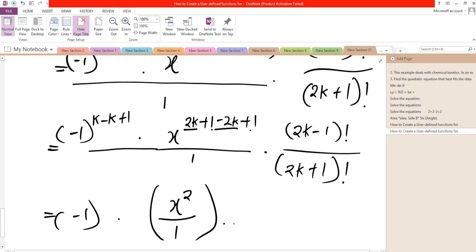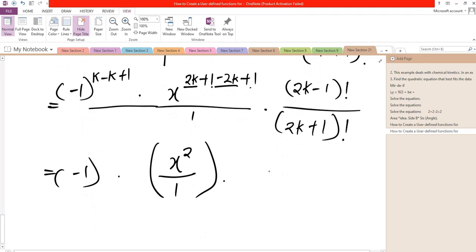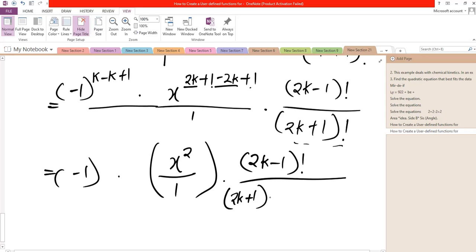Now you have 2k minus 1 factorial. Expressing the factorial at the denominator in terms of 2k minus 1, you have 2k plus 1 times 2k times 2k minus 1 factorial.